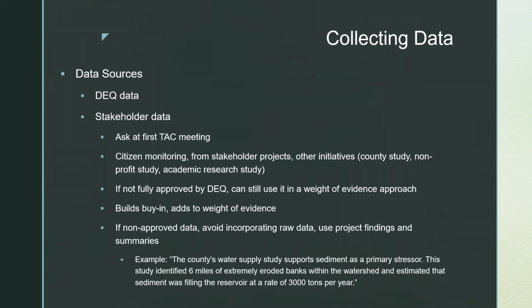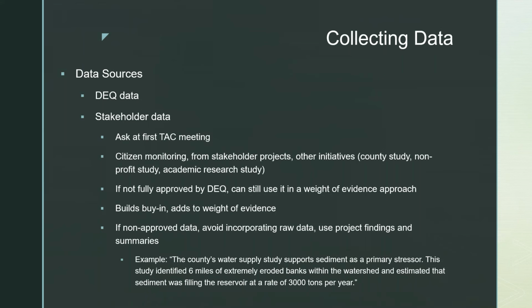Okay, so data with greater quality might receive greater emphasis in terms of scoring lines of evidence than data of lower quality. And so typically what I would suggest with citizen data, or if other stakeholders have data that they present to you, my suggestion is not to use that raw data.